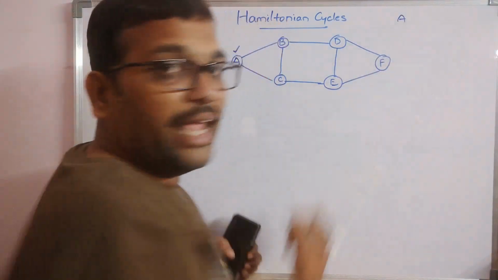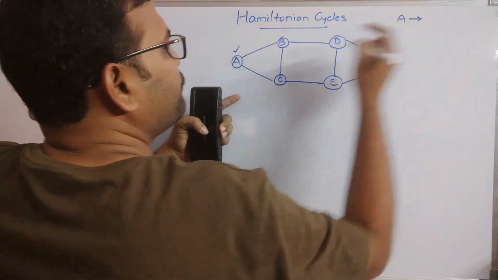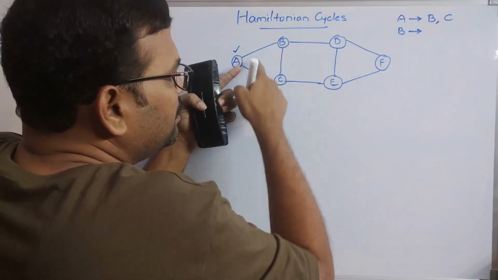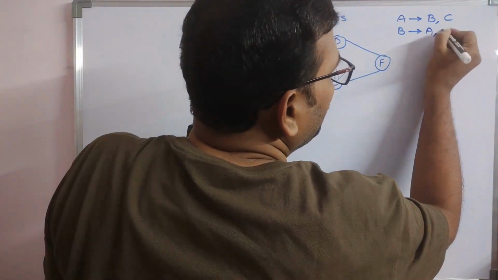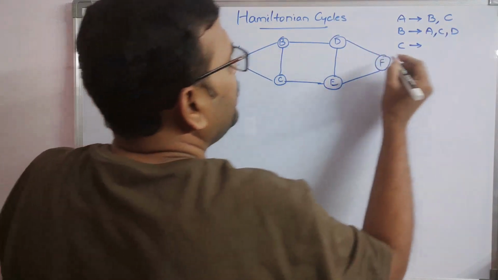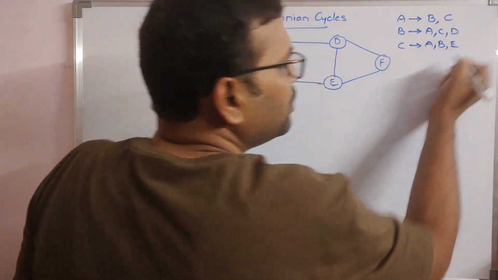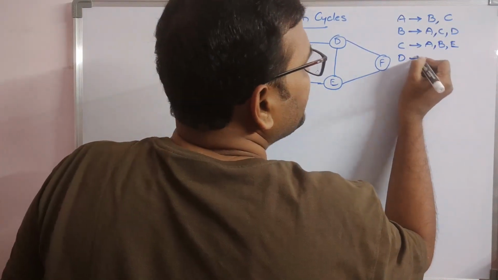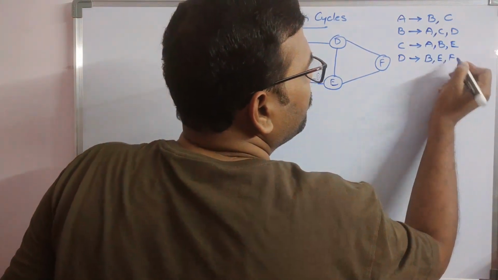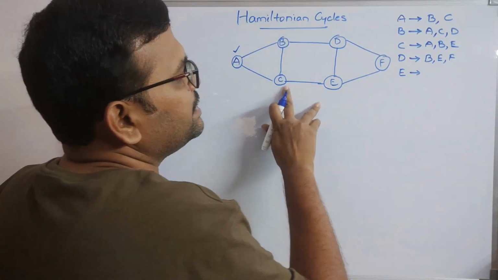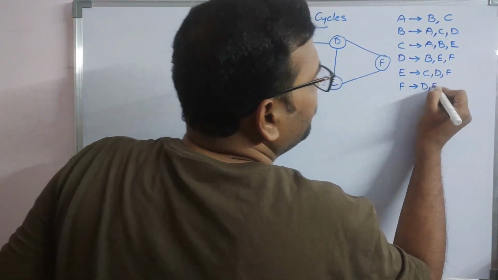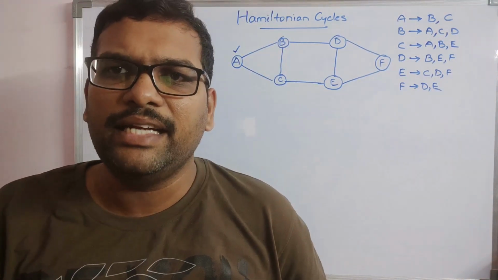Consider A: A has outgoing vertices B and C. B has outgoing vertices A, C and D. C has outgoing vertices A, B and E. D has outgoing vertices B, E, F. E has outgoing vertices C, D, F. And F has outgoing vertices D and E. Usually we call this an adjacency matrix.